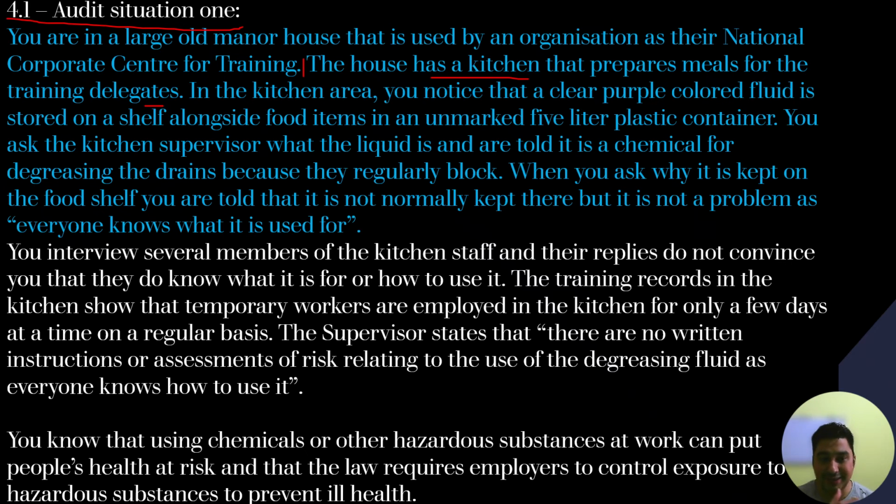After that, you ask the kitchen supervisor what the liquid is and the supervisor tells you that it is a chemical for degreasing the drains because they regularly block. When you ask why it is kept on the food shelf, the supervisor tells you that it is not normally kept there, but it is not a problem as everyone knows what it is used for.